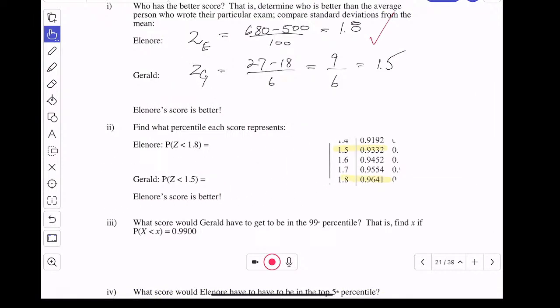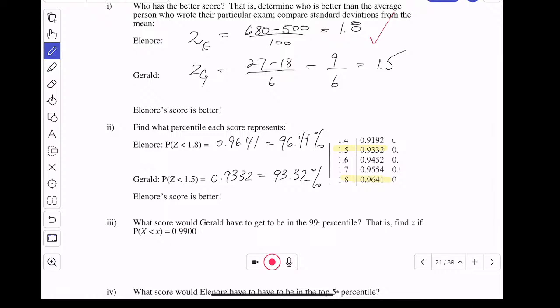So those are the results from the table. Eleanor is in the 96.41 percentile, and Gerald is in 93.32. Of course, she's still higher, but I've converted them into percentile scores.